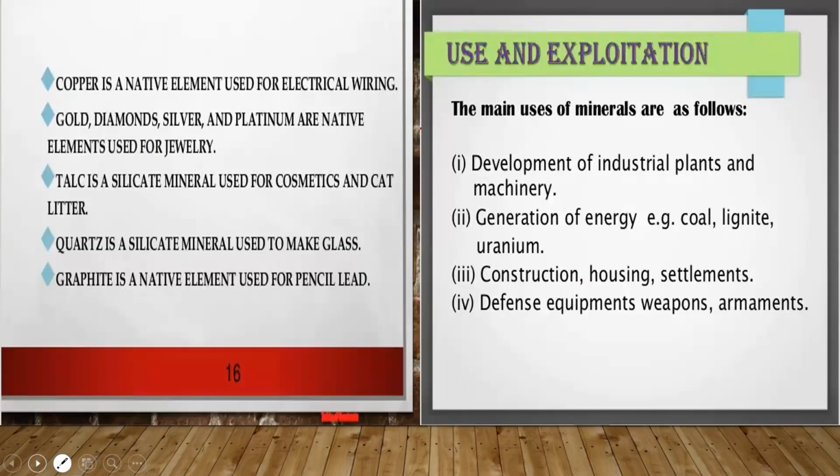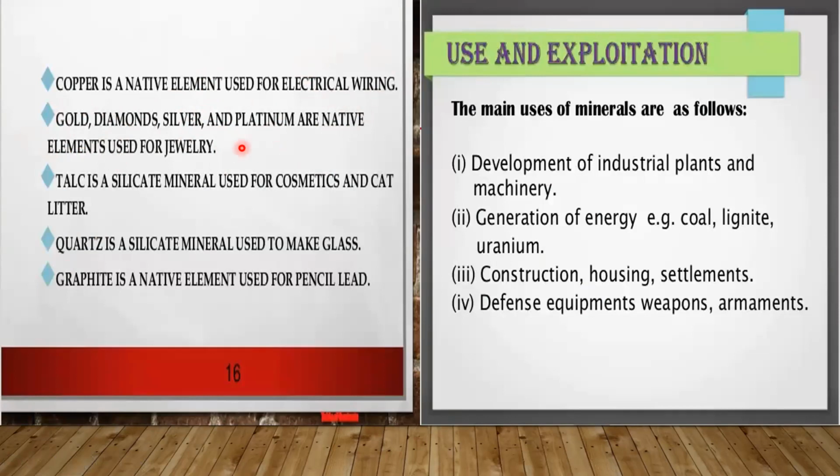Now, coming to the uses of gemstones and minerals, copper is a native element which is used for electrical wiring. Gold, diamonds, silver, and platinum are also native elements which are used for jewelry.